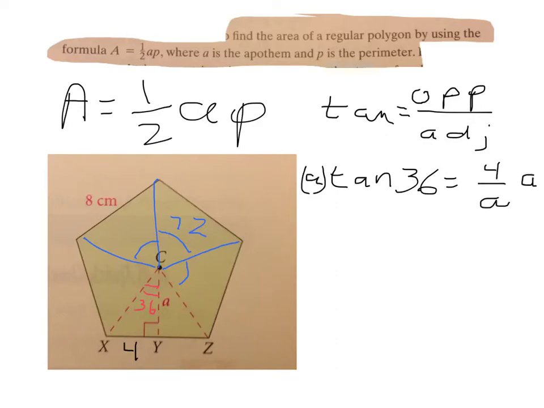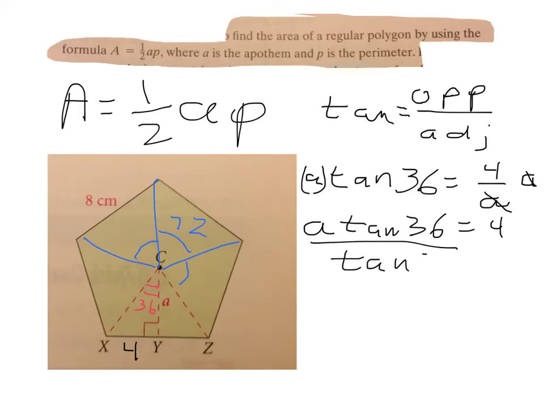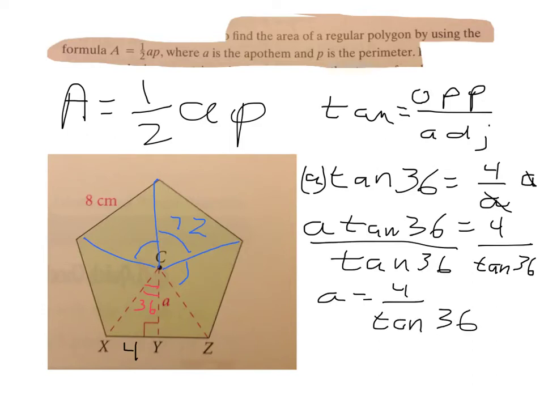So we multiply both sides by little a. Our little a's cancel on the right, so we get a times the tangent of 36. Then we divide both sides by the tangent of 36. So we get the apothem to equal 4 over the tangent of 36.